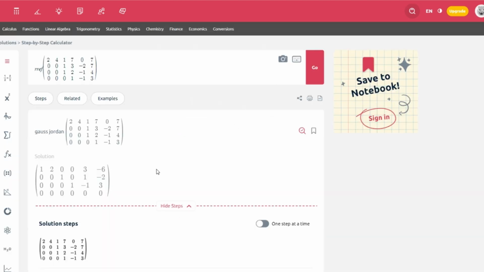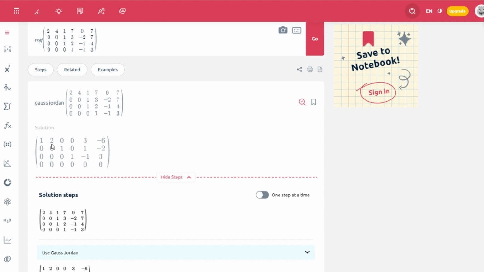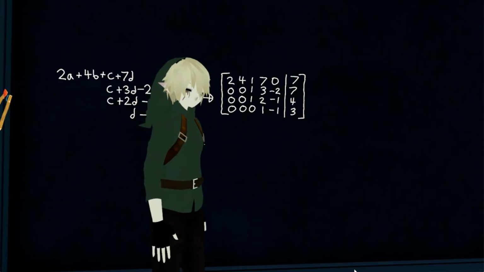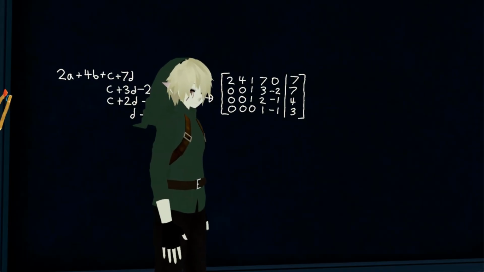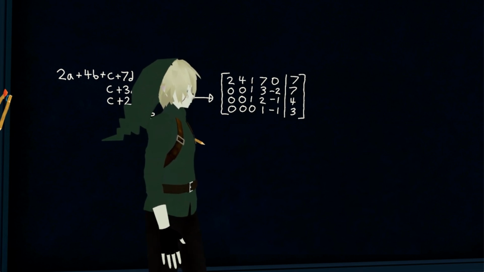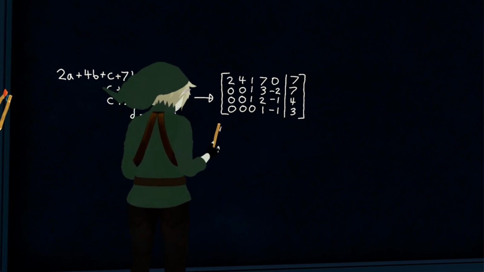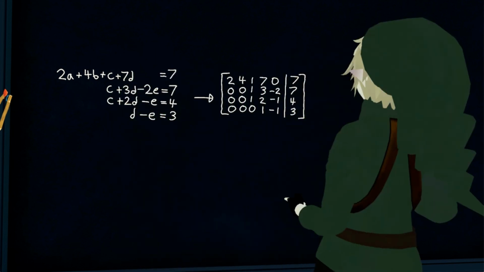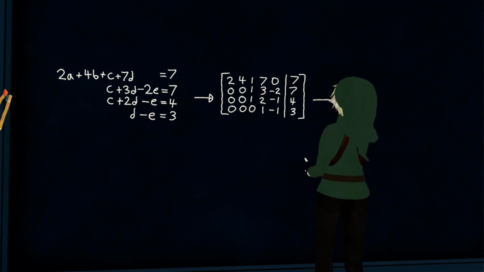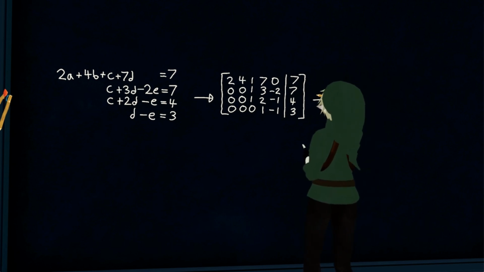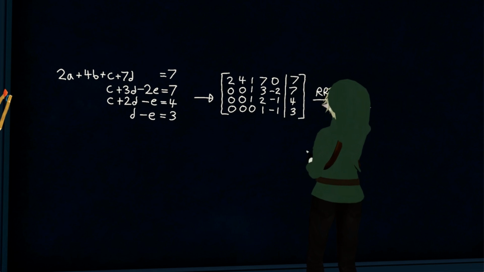And would you look at that? This is our row reduced echelon form. Notice that we have pivot columns here, and this is what we would use. Alright, so let's go back. Now that we input our calculator, the way we show our work is we just draw an arrow and put RREF.